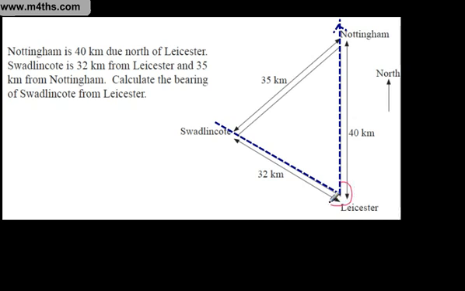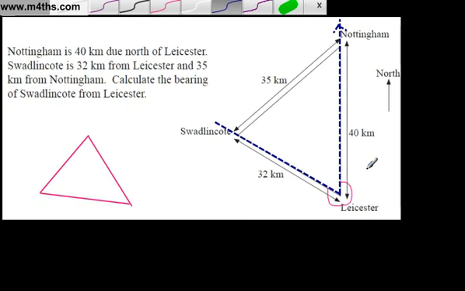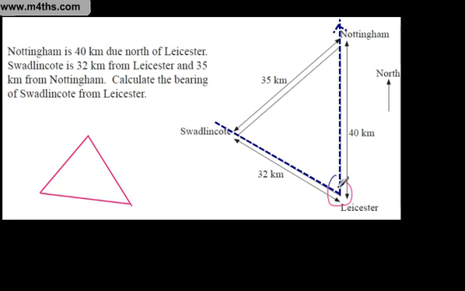Now, how can we find that? Well, we've got a cosine problem, and this is, again, one of the many ways you can do this. What I'm going to do is find this angle here. We can use the cosine rule. We've got 3 known sides: 40, 32, and 35.